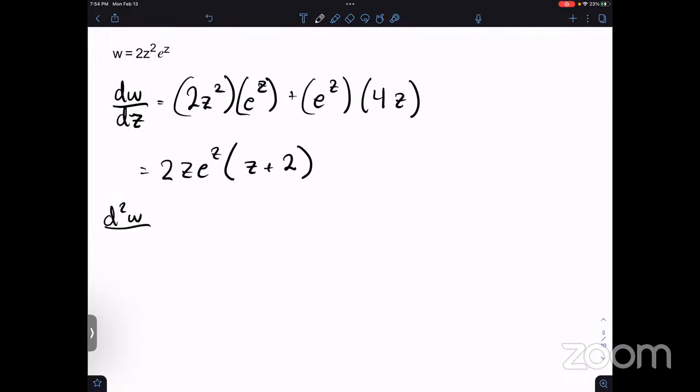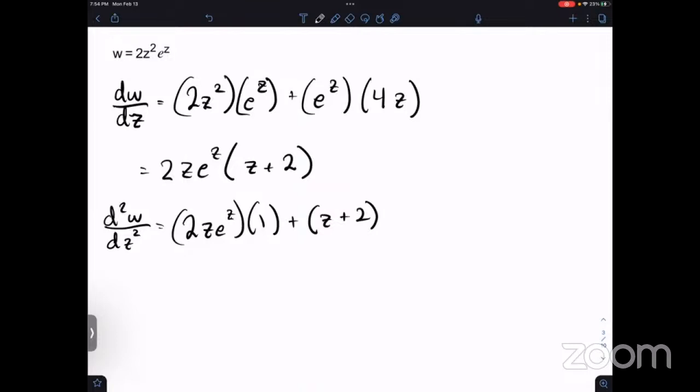I'm going to apply the product rule again, but you have to catch the changes. I'm going to make this my first. The derivative of the second looks like it's just going to be a 1. So that's the first times the second, plus the second, which is this guy, times the derivative of the first.